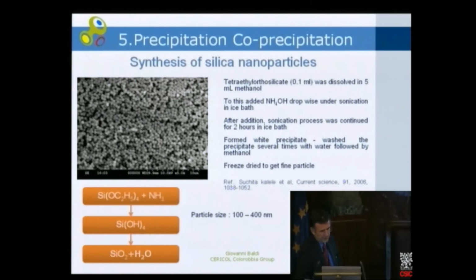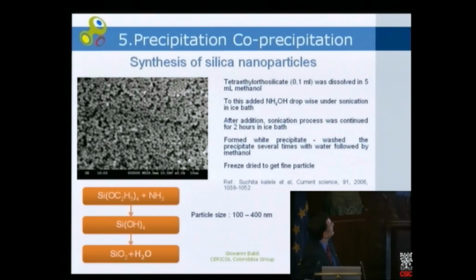Another interesting approach is precipitation, co-precipitation. Here we have some easy recipes to obtain silica nanoparticles. In this case, we can mix a silica precursor, tetraethyl orthosilicate, with addition of a base, in this case ammonium hydroxide, drop by drop.